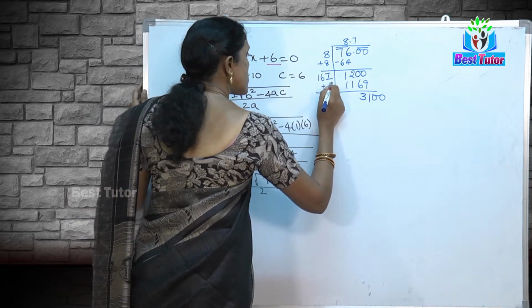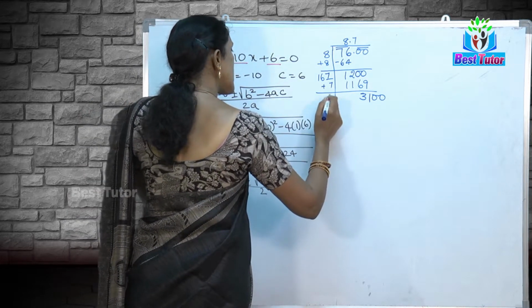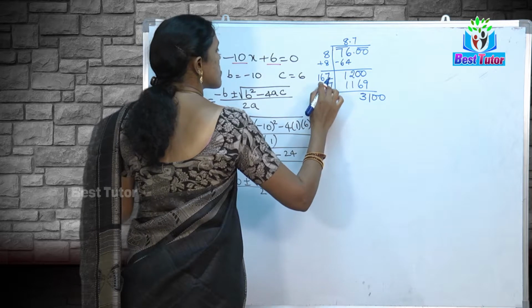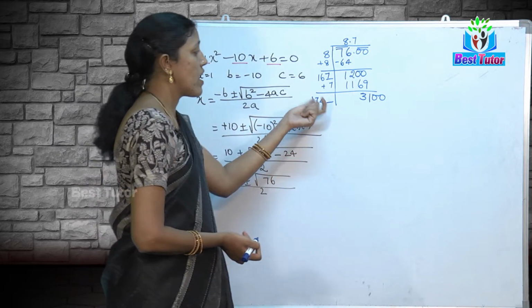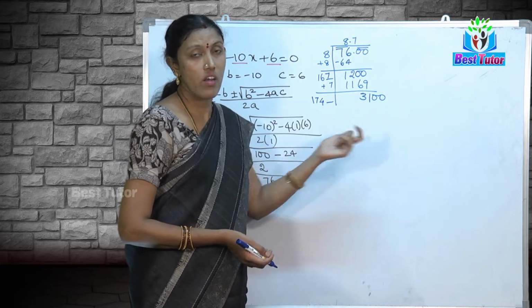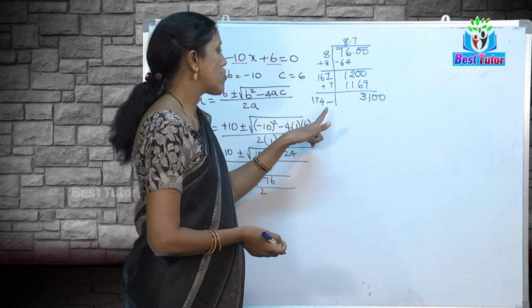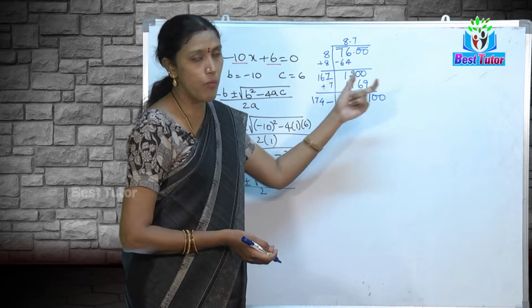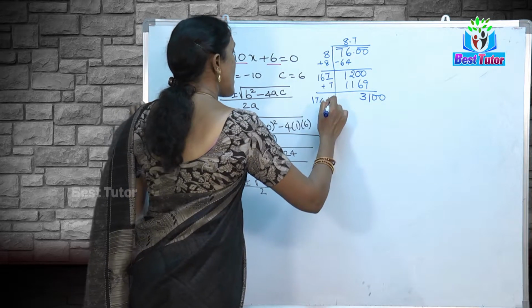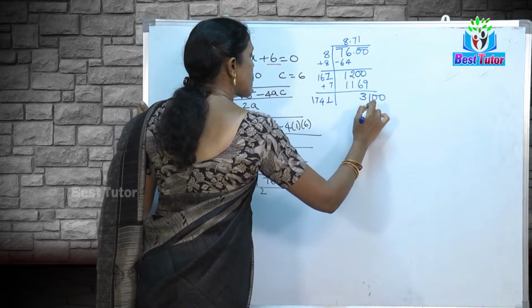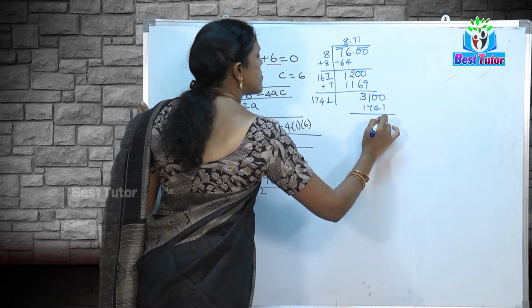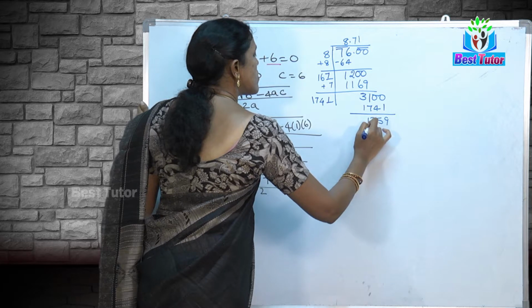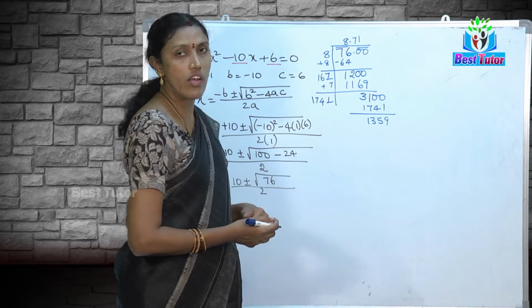We need to add the same number and leave the space for the ones digit. 174. I have 1700 change. I want 3100. 17 2s are 34. So if I put a 2 here, the product will be greater than that. So I have to put 1 only. I'll get 1741. So you will get 1359.